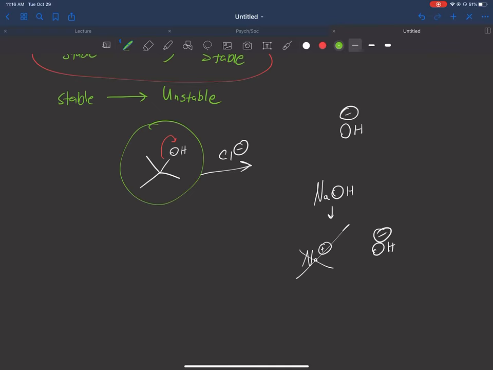More reactive means unstable, okay? So that means as OH minus, it is more unstable than it would be bound to the carbon chain, right? Which means if it becomes more unstable, we can then say that that OH is a bad leaving group, okay? OH is not a good leaving group, right?